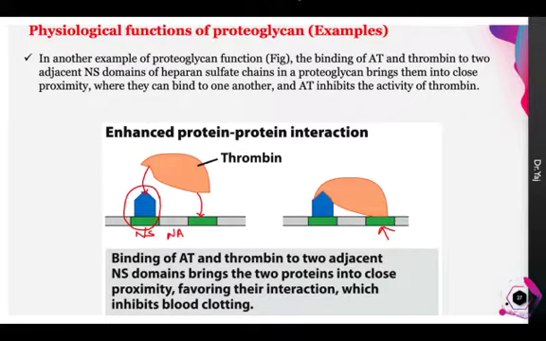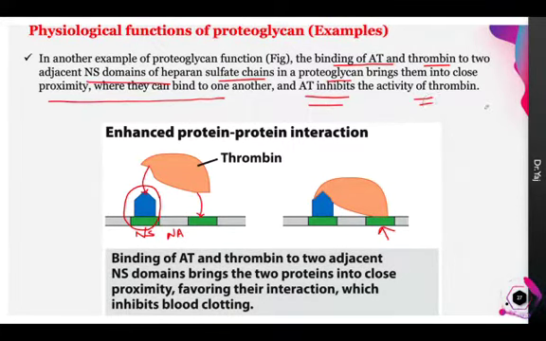So what we are seeing here is that the binding of antithrombin and thrombin to two adjacent NS domains of heparan sulfate chain in a proteoglycan brings them into close proximity where they can bind to one another, and thereby antithrombin 3 inhibits the activity of thrombin.